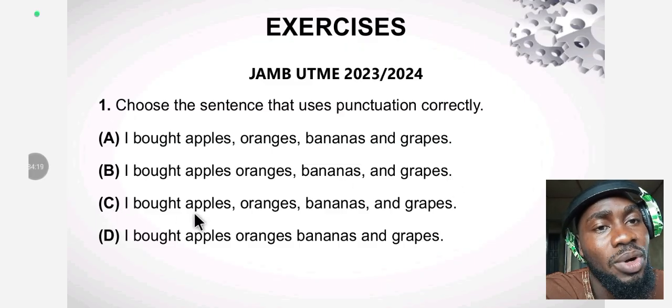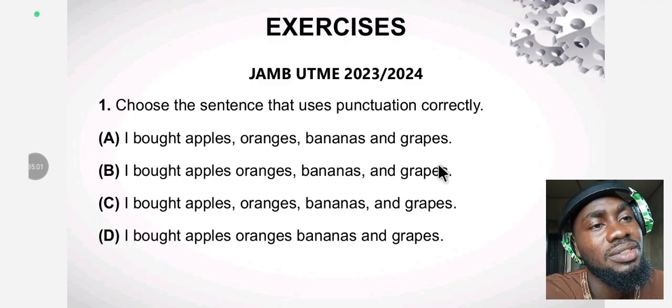C, I bought apples, comma, oranges, comma, bananas, comma, and grapes, full stop. D, I bought apples, oranges, bananas, and grapes, full stop. What's your answer? You answered right. The right option is A, I bought apples, comma, oranges, comma, bananas, and grapes, full stop.